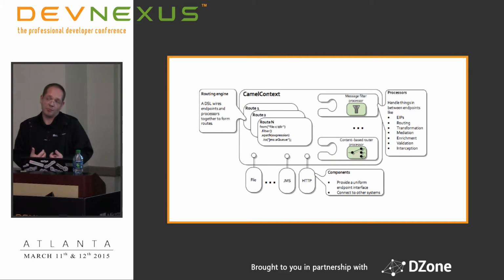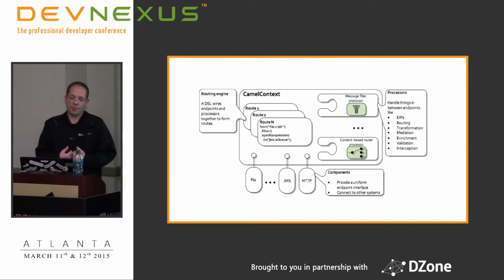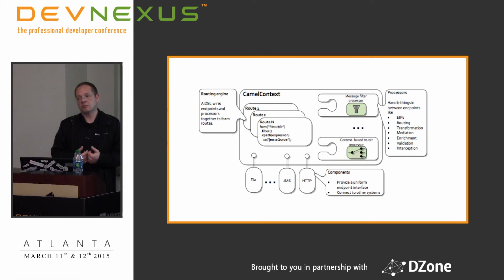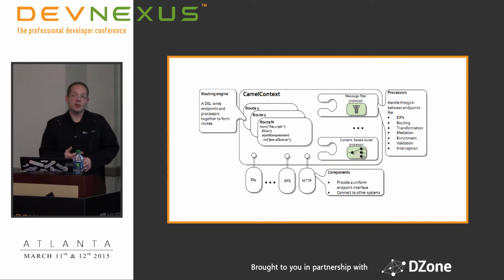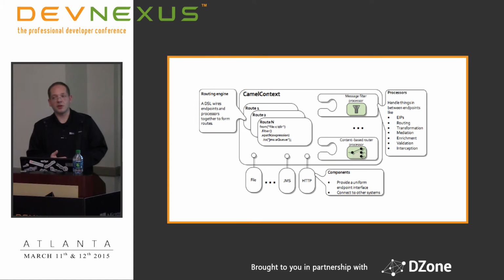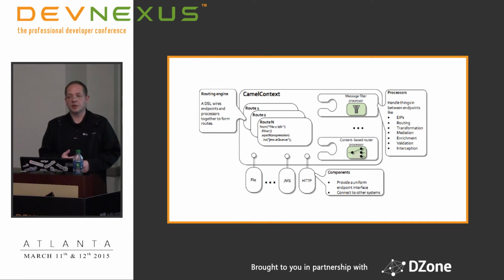The real basic heart of Camel is a routing engine, which is unsurprising because it's an integration framework, right? But the good part here is you could also extend the components and invent new ones whenever you need to. So you're not stuck with the ones that are delivered with Camel, but you could extend them to your needs.